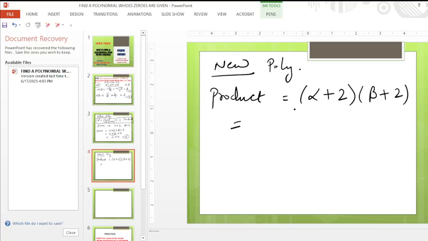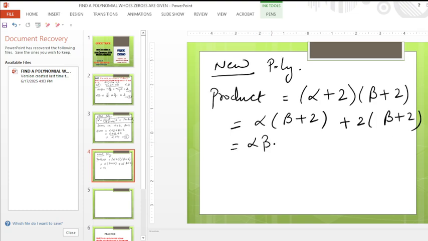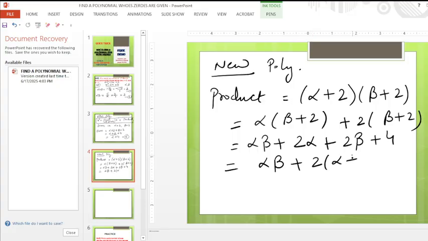Alpha multiplies the whole bracket, and 2 also multiplies the whole bracket. So we get alpha beta plus 2 alpha plus 2 beta plus 4. Taking 2 common, alpha beta plus 2 times alpha plus beta plus 4.